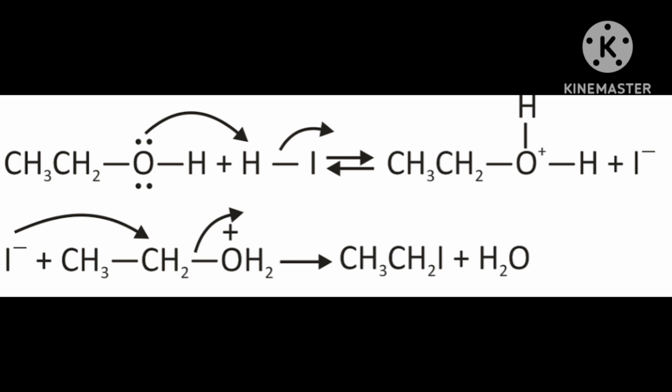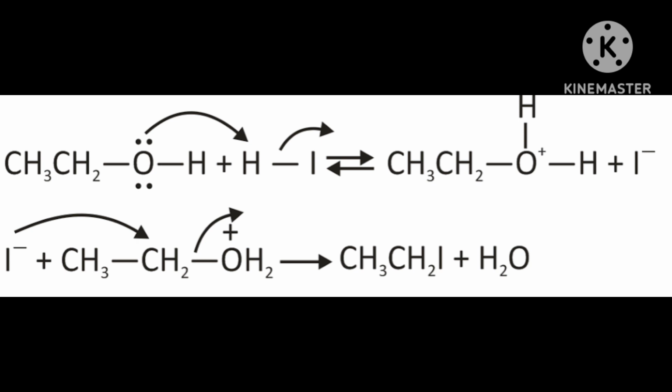Now here, what will happen? The iodide ion will come to the oxonium ion, and I minus will come to the carbon of the oxonium. That carbon is the methyl group, CH3, attached with oxygen.